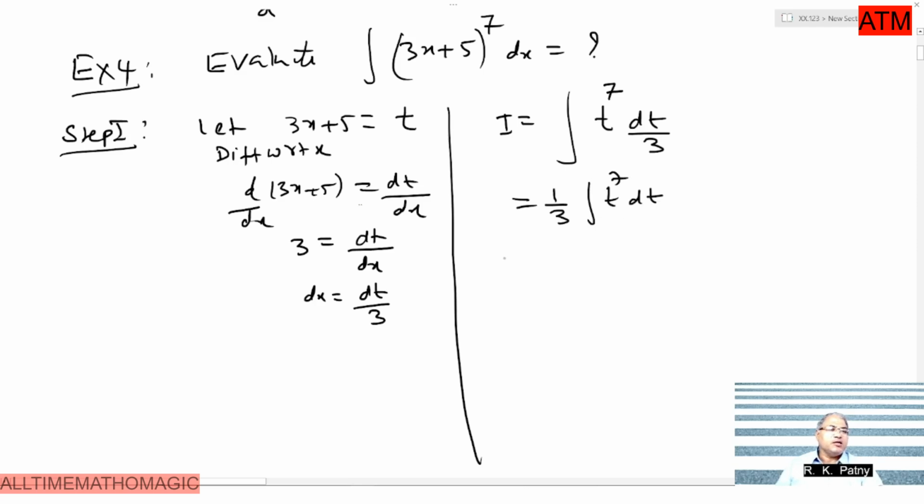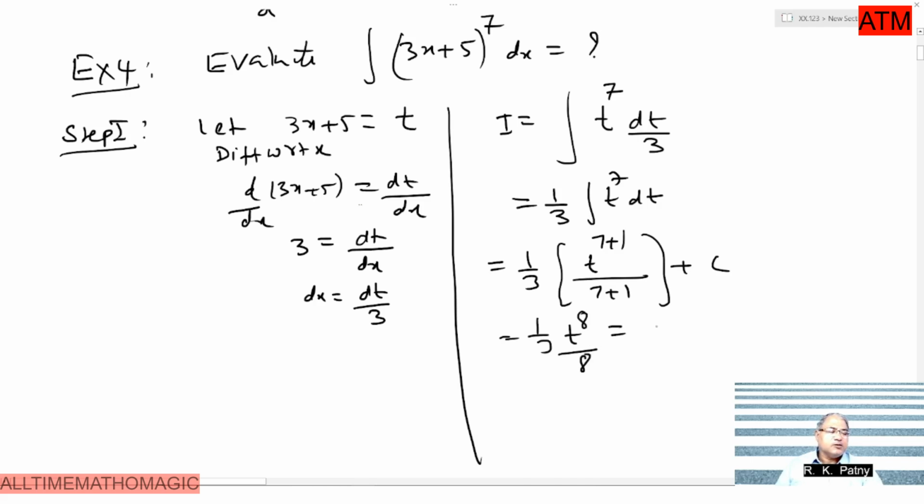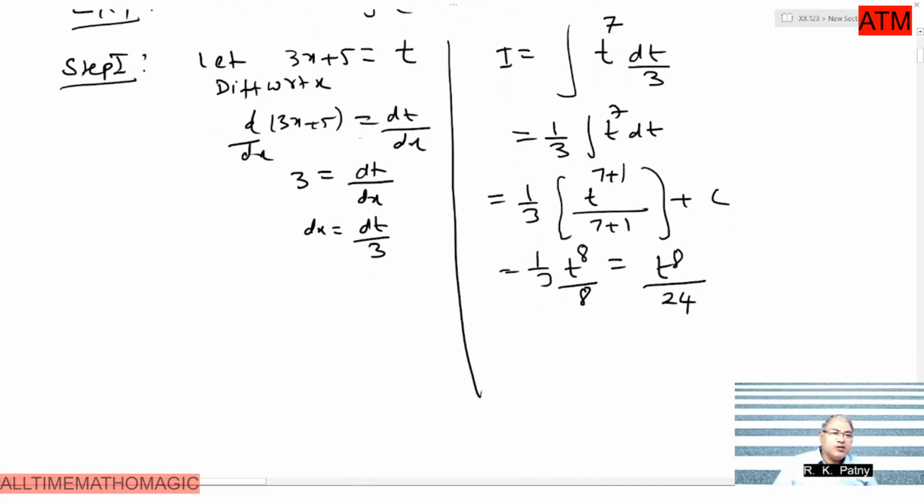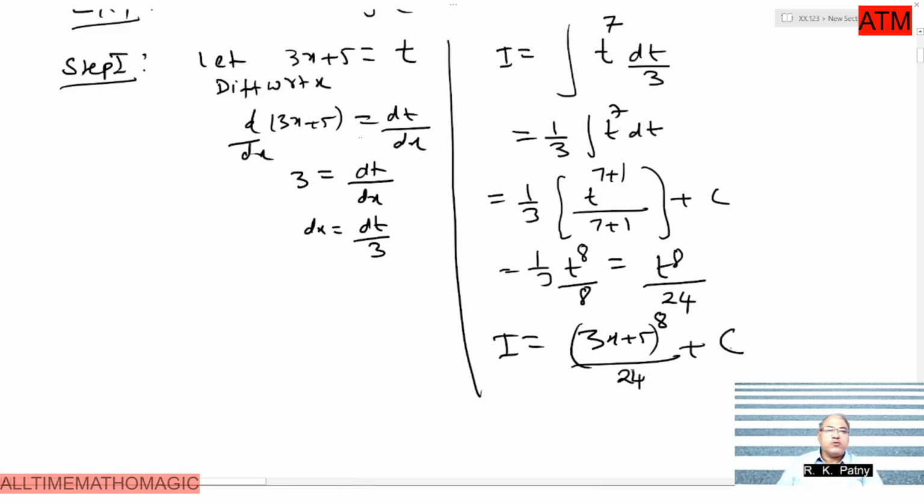Integration of t raised to 7 with respect to t: that is 1 by 3 times 7 plus 1 upon 7 plus 1 plus c, which equals 1 upon 3 times t raised to 8 upon 8, that is nothing but t raised to 8 upon 24. And after that, what is the t value? The t value is nothing but 3x plus 5. Therefore I equals (3x plus 5) whole raised to 8 upon 24 plus c. This is the required solution.